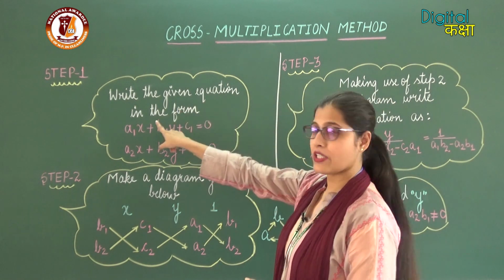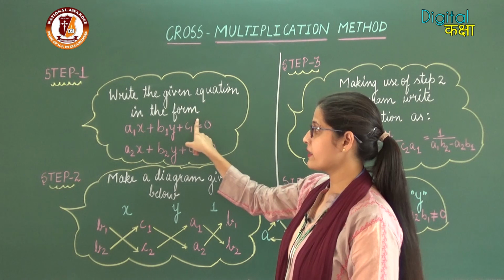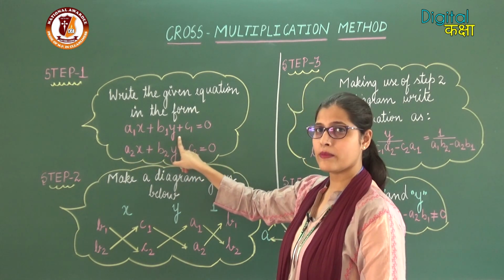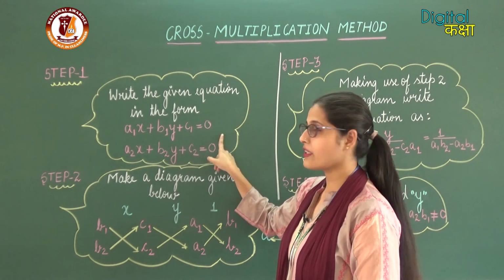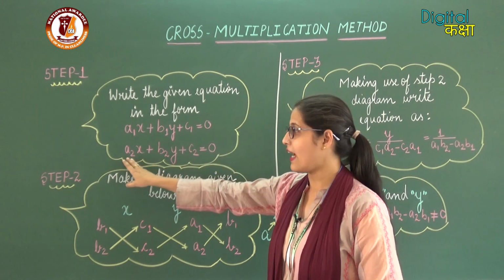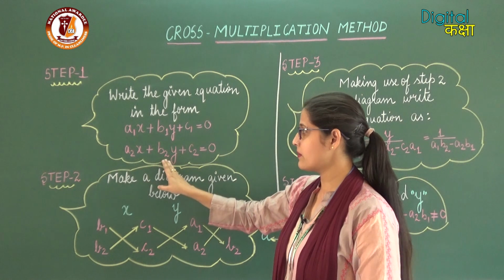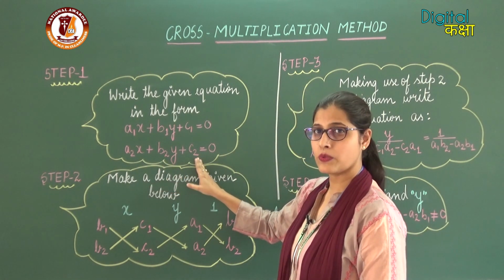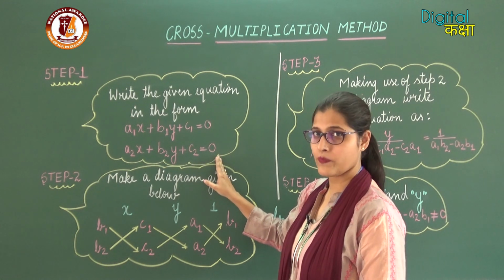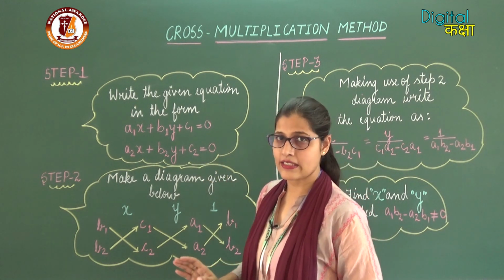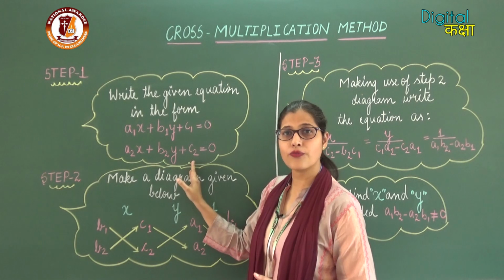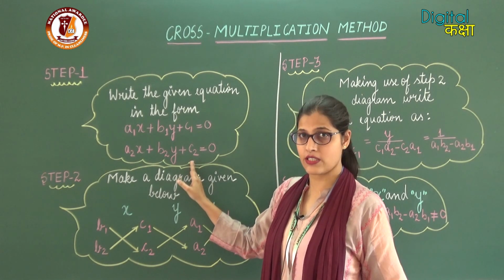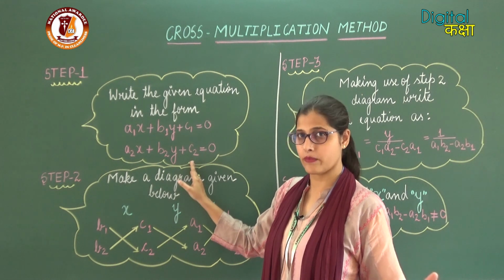Write the given equations in the form a1x plus b1y plus c1 equals 0 and a2x plus b2y plus c2 equals 0. As you can see, this is the standard form of writing a pair of linear equations in two variables.